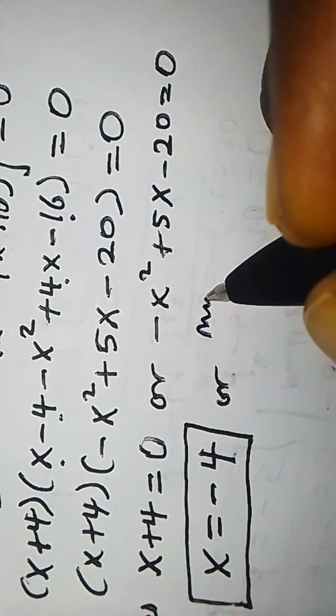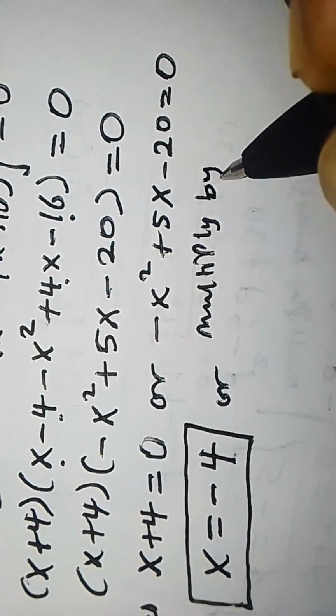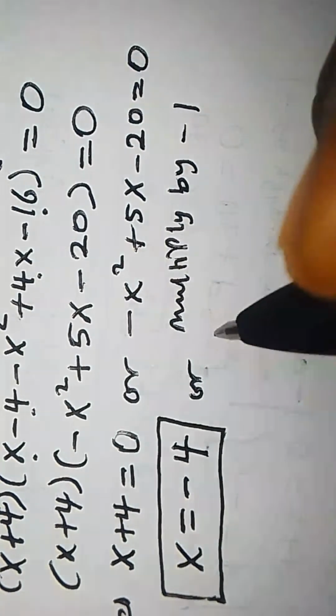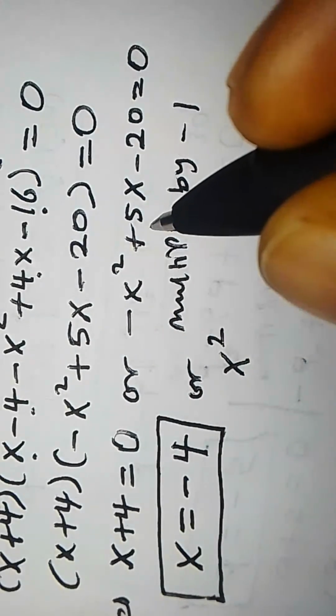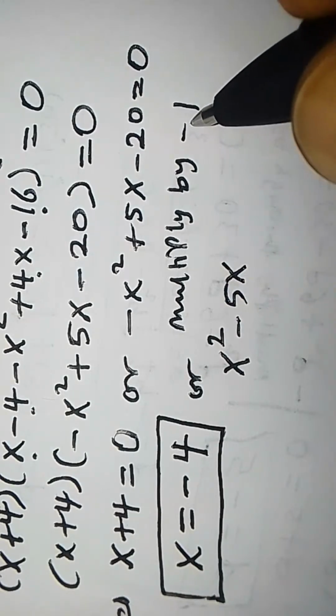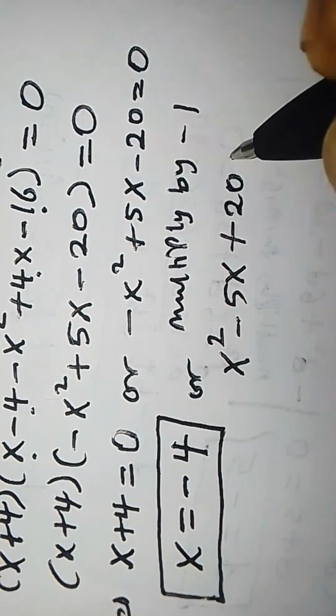First, multiply through by minus 1. Minus 1 times minus x square, that is x square, minus 1 times 5x, minus 5x, minus 1 times minus 20, plus 20 equal to 0.